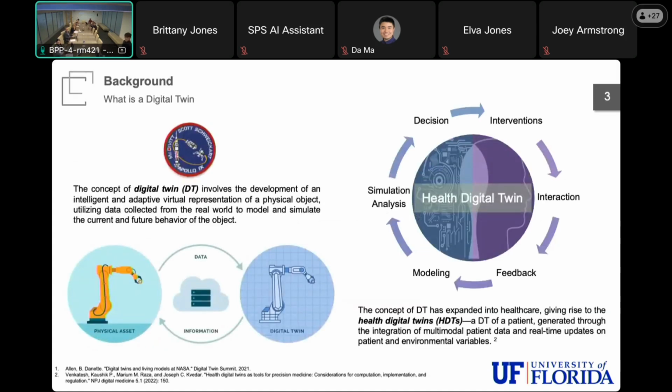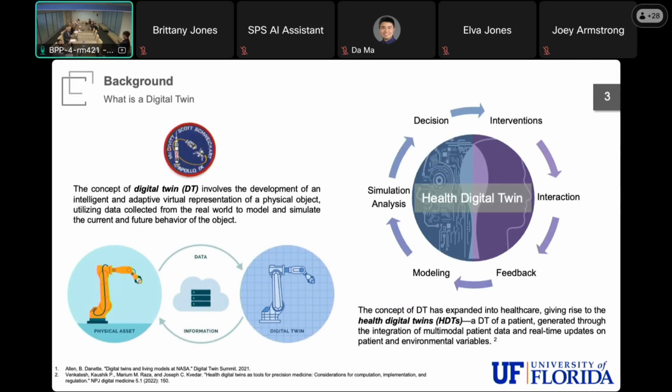All right. Now, the first question is, what is a digital twin? The concept of a digital twin originated at NASA in the 1960s during the Apollo mission. When Apollo 13 encountered a malfunction, NASA created a living model to simulate the conditions of the spacecraft and used this information to safely guide it back to Earth.